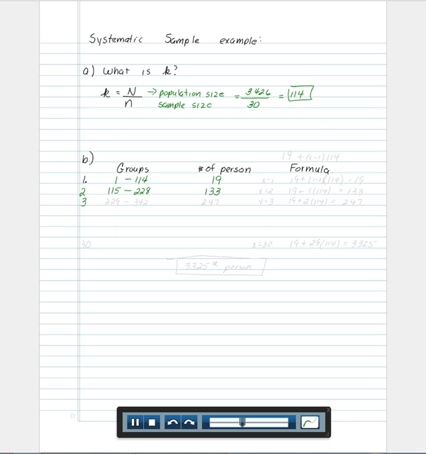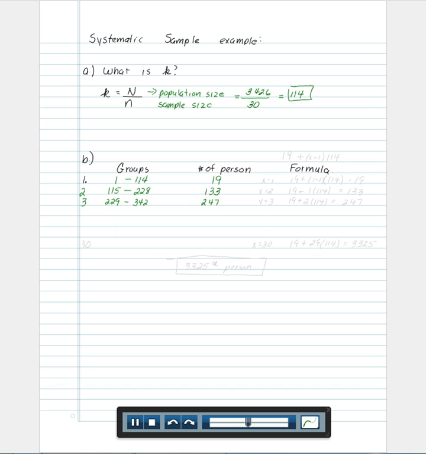Okay, the third group, and if we continue this pattern, just add another 114 because those are our groups. So it's going to be 229. And then if you add 114 to 228, you get 342. So our third group is going to be somewhere between there, and we find that by just adding 114. So that gives me 247.